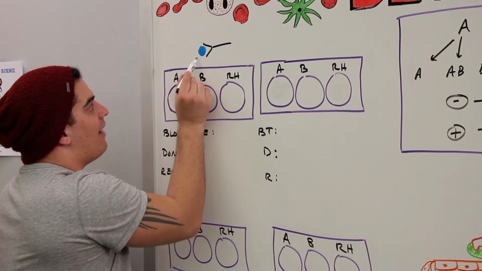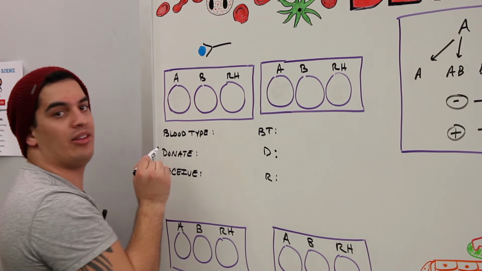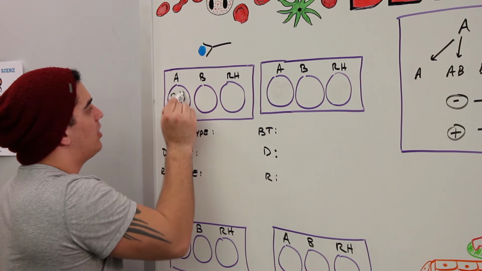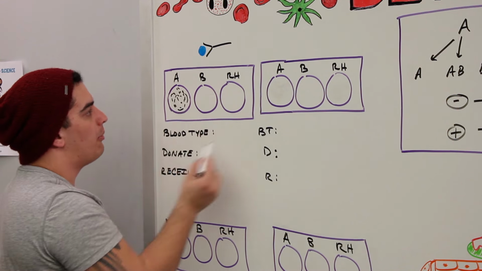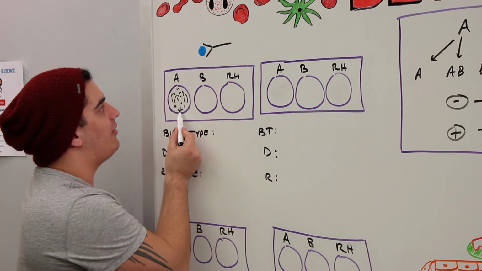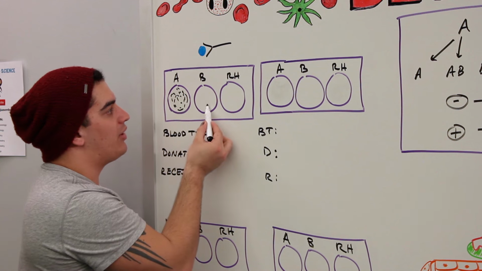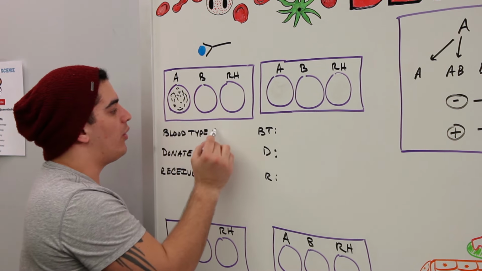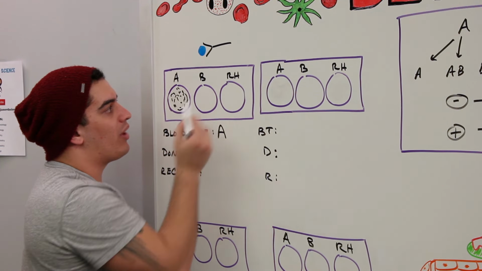That means if I have an A antigen and this is covered with A antibodies, it'll produce clumping. So let's say there's clumping right here, all this clumping, but no clumping anywhere else. That means in this one I had to have the A antigen, but in this one I don't have the B antigen, and in this one I don't have the Rh antigen. So I'm only A, but I don't have the Rh antigen.